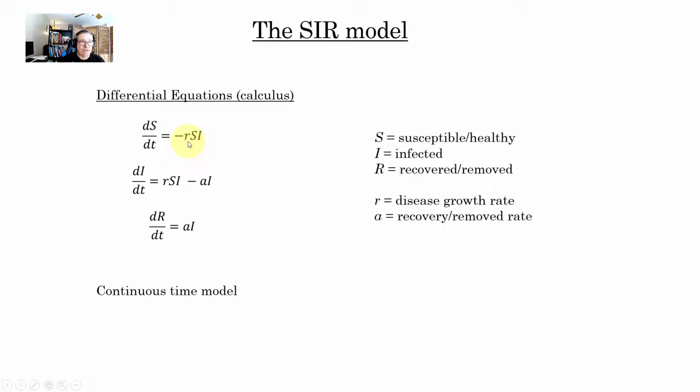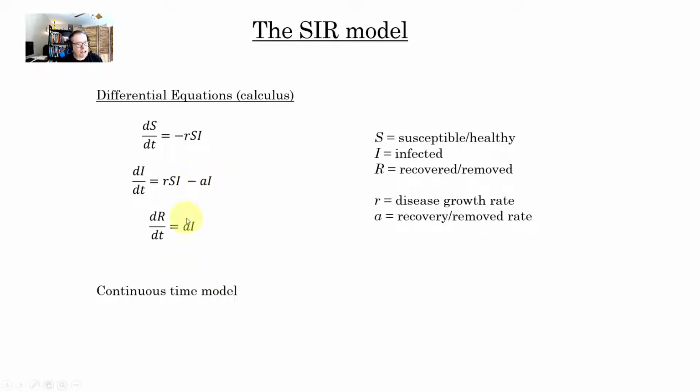Now, the rate at which the susceptible population is dropping is included in the rate at which the infected population would be increasing or changing. So whatever I'm losing from my susceptible population, I am adding into the infected population. That's the rate at which the infected population is changing. But of course, that rate at which the infected population is changing is affected by the rate at which we have people being removed.